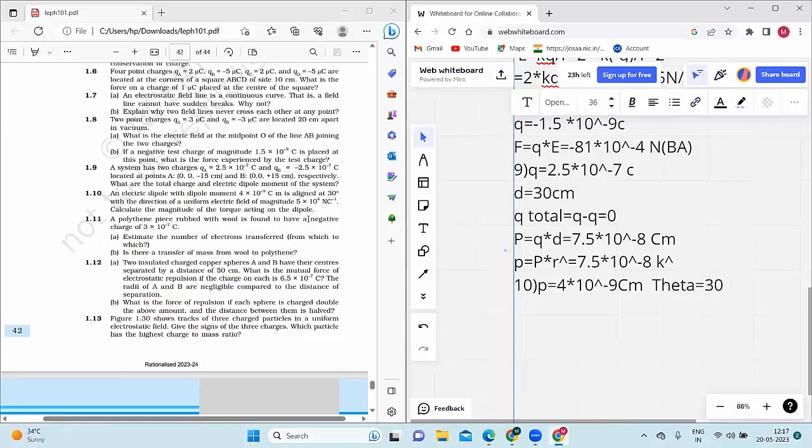And the electric field is equal to 5 into 10 power 4 Newton per coulomb.